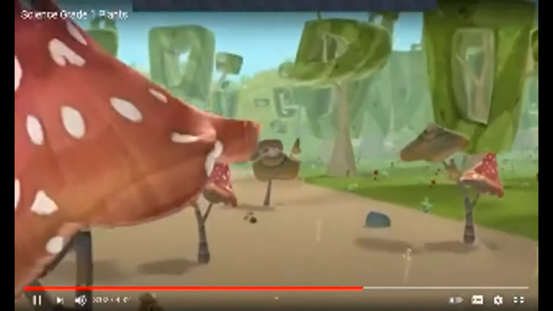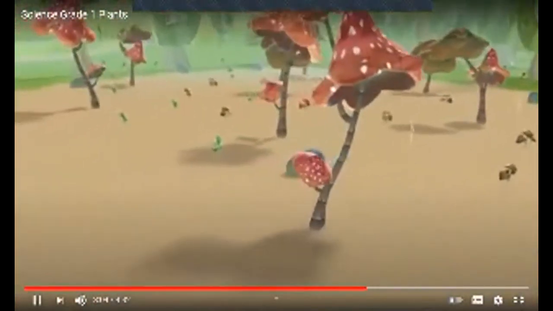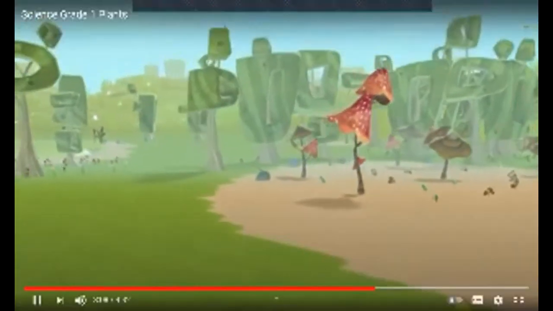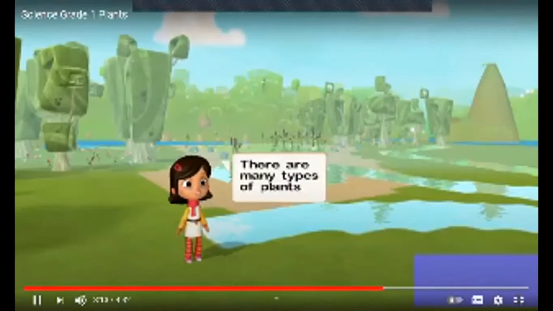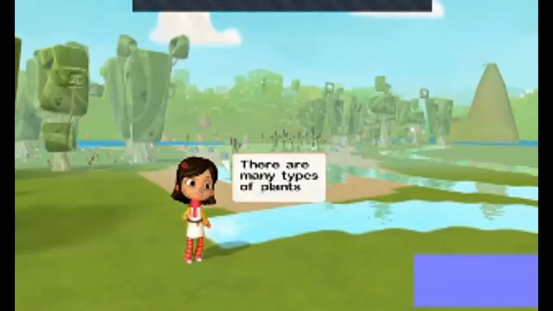Everywhere, plants are everywhere. Different kinds, different types. There are many types of plants.